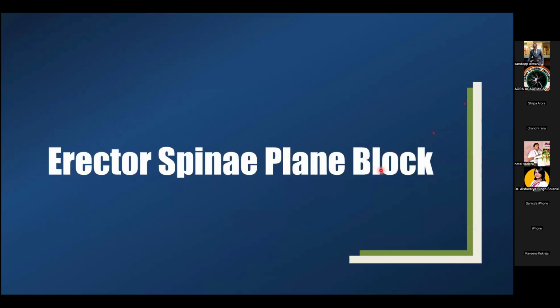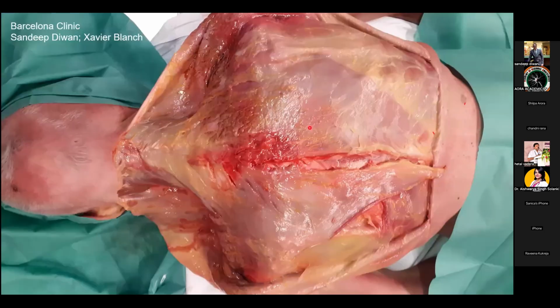So if you look into some of the slides, the cadaveric slides, you'll see that this is a fresh cadaveric specimen. And in prone position, we have reflected the entire area of the back bilaterally. This is the spinous process, and this is the posterior part of the thoracolumbar fascia.